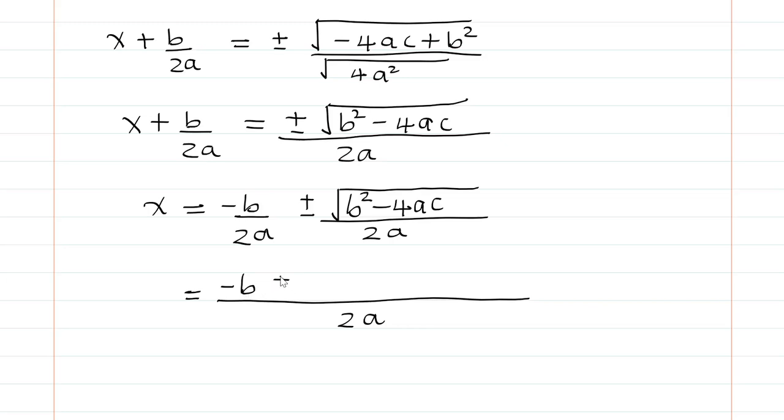Then we keep the signs, plus or minus, square root of, and then we keep this the way it is because 2a divided by 2a is 1. 1 times the whole of that, it remains the same. Any number times 1 is that number. Any expression times 1 is that expression. Therefore, here we shall have b squared minus 4ac.